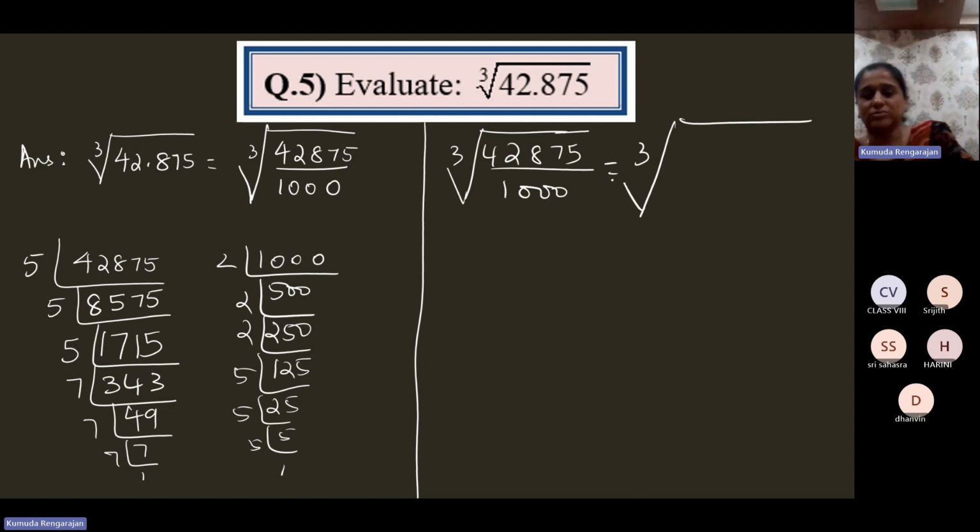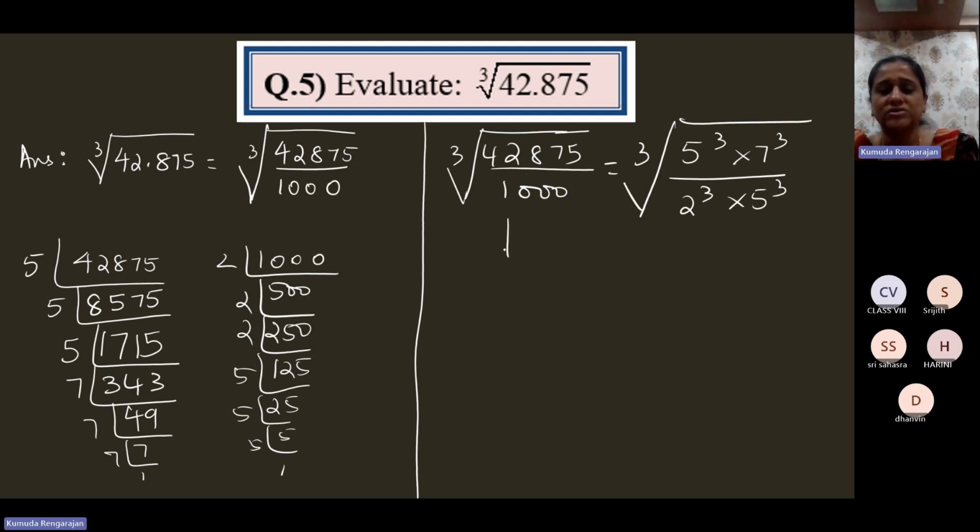I normally ask you to repeat, right? You can write the step straight away also. So cube root of 42,875 by 1000 is equal to cube root of 5 cubed into 7 cubed divided by 2 cubed into 5 cubed. So now this one is nothing but cube root of 42.875, right? So you can just put that back.